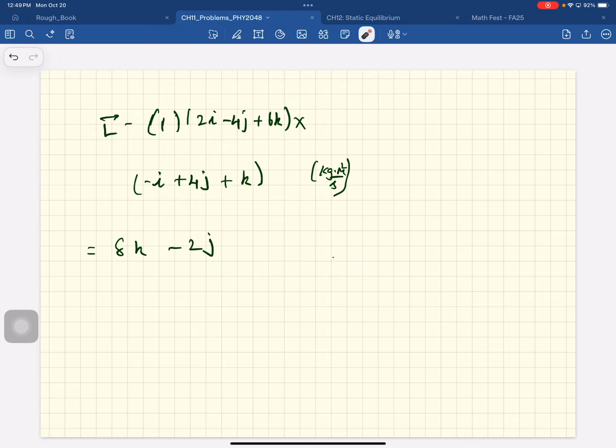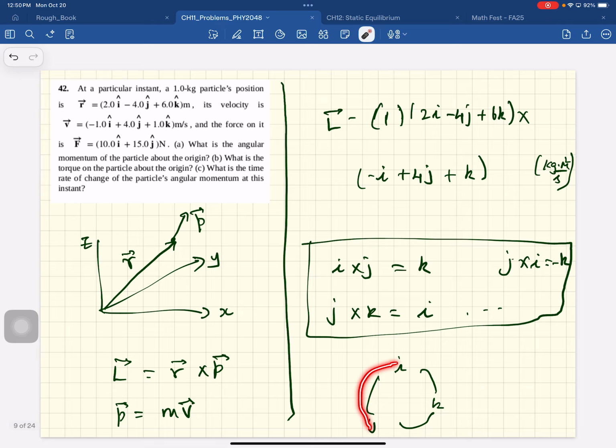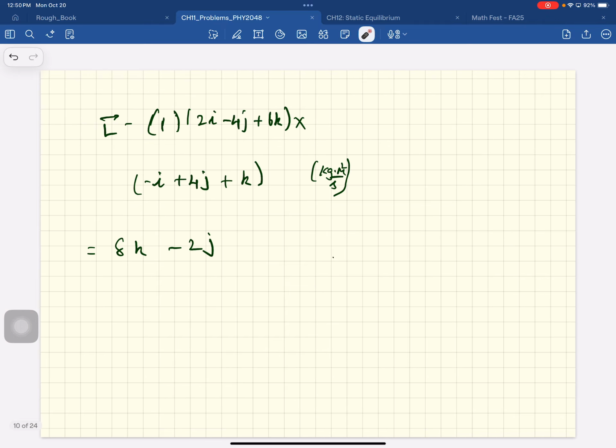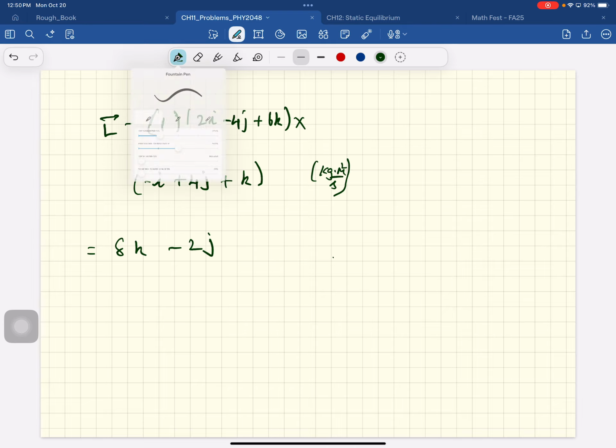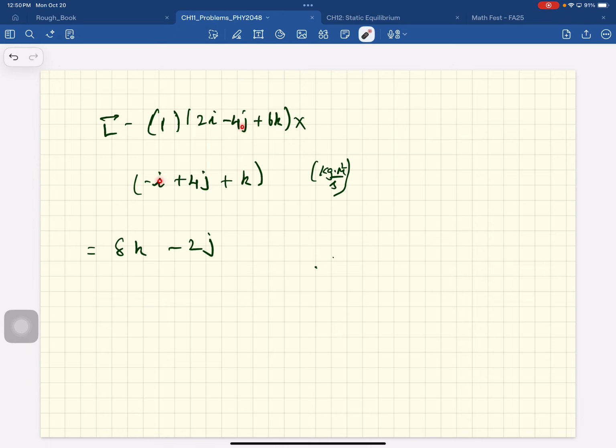And then j cross i is minus k, and minus times minus is plus, so it's minus 4k. And then j cross j is 0, j cross k is i, so that's minus 4i.